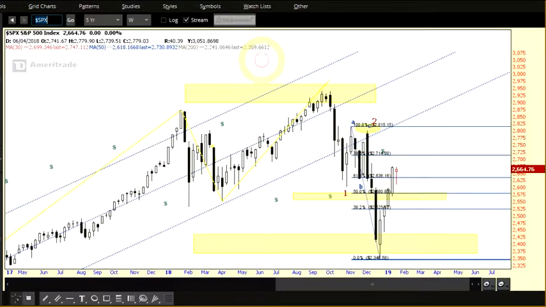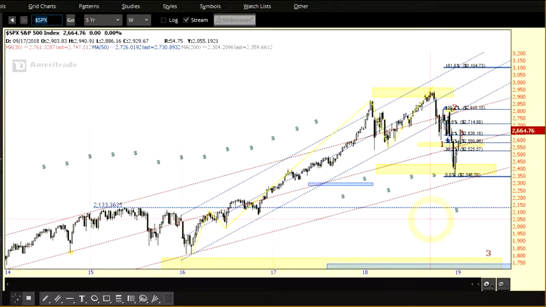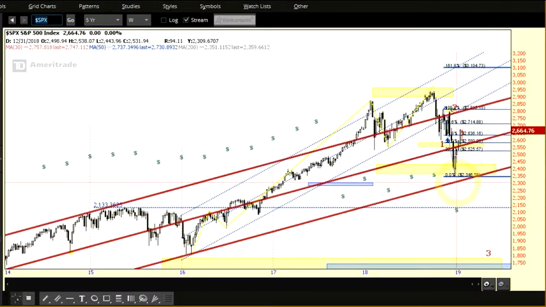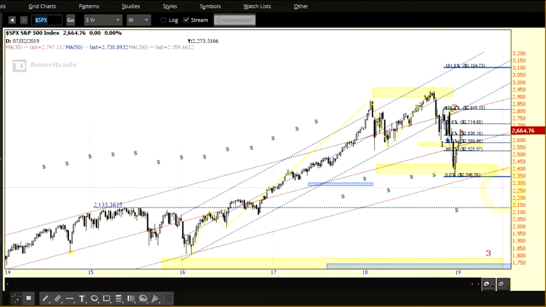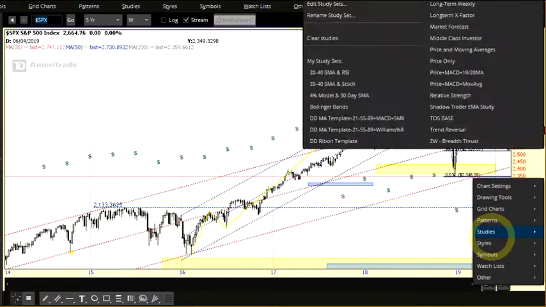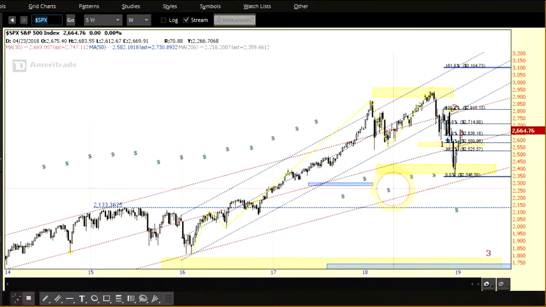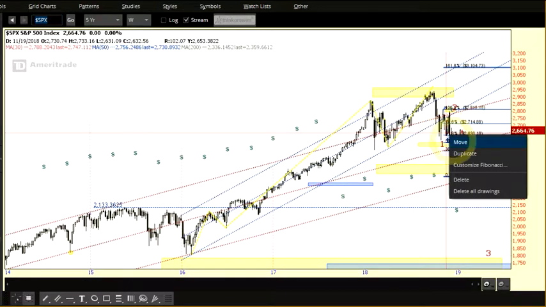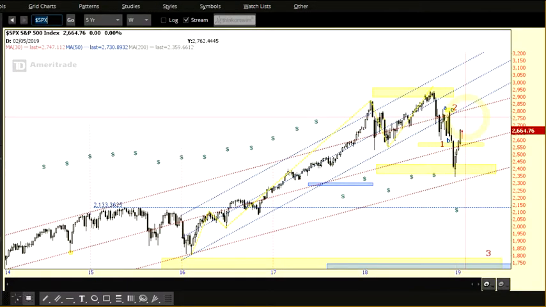So when you start looking at, okay, where's it going to go? Well, let me take off this Fibonacci. Gosh darn it! I hate when everything's just jumping around like that, and I can't seem to get what I'm trying to click on.